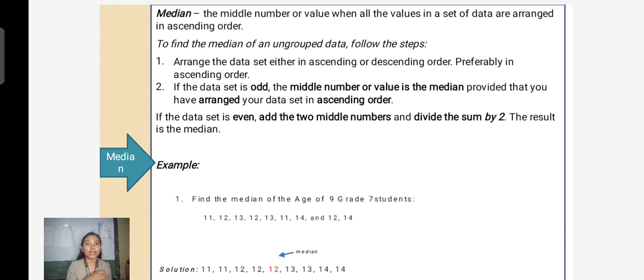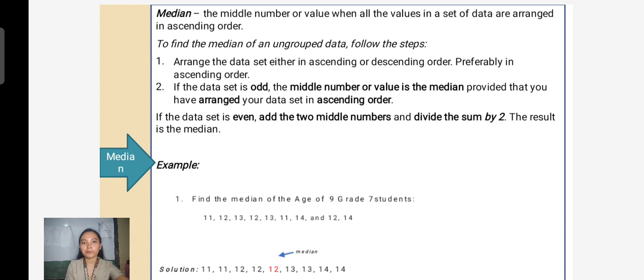Step 1, arrange the data set either in ascending or descending order, but preferably in ascending order. Second, if the data set is odd, the middle number or value is the median, provided that you have arranged your data set in ascending order. Number 3, if the data set is even, add the 2 middle numbers and then divide the sum by 2. The result is the median.